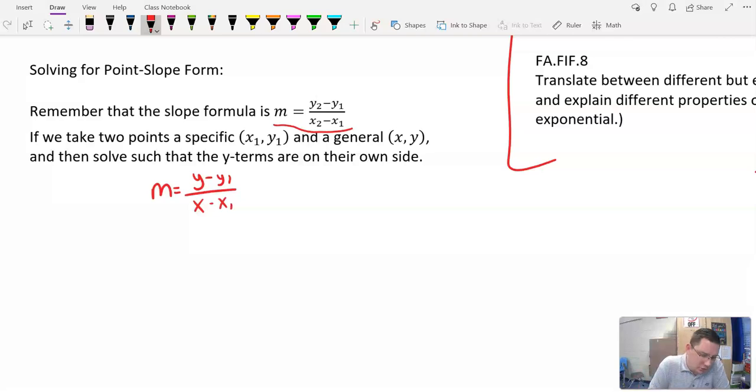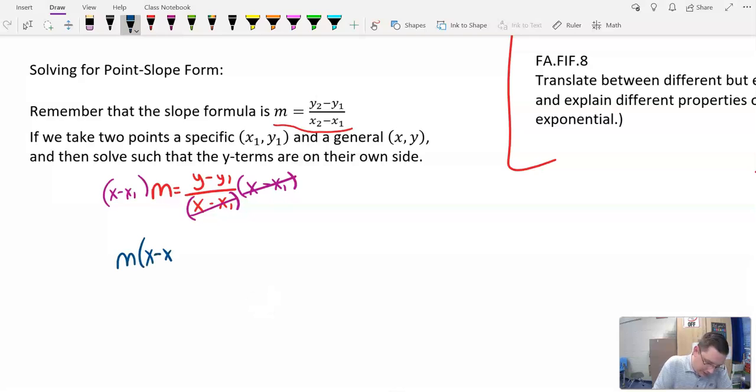And then it says to solve such that the y terms are on their own side. Well, to be able to do that, we're going to multiply by what's in the denominator. And so to get rid of this denominator, x minus x sub 1, this and this will cancel, and x minus x sub 1 is over here. And so what we're going to get is m times x minus x sub 1 is equal to y minus y sub 1.